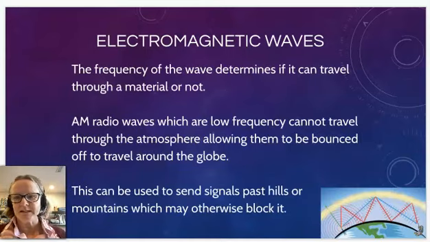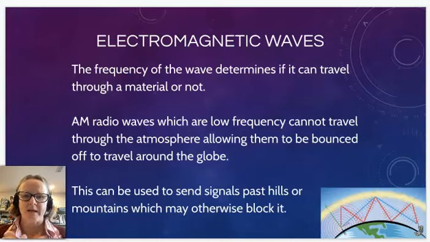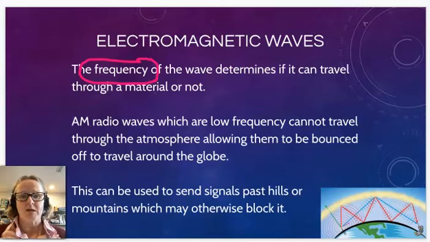So what is it that determines whether a wave can travel through a material or not? Well, that is the frequency. And this is linked to the wavelength as well. And for example, you can use AM radio waves, which are low frequency.